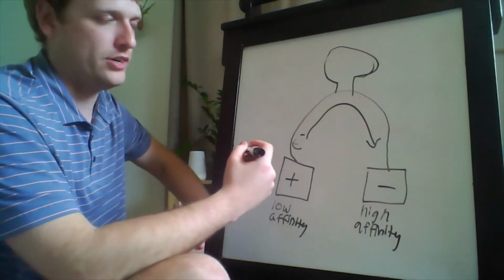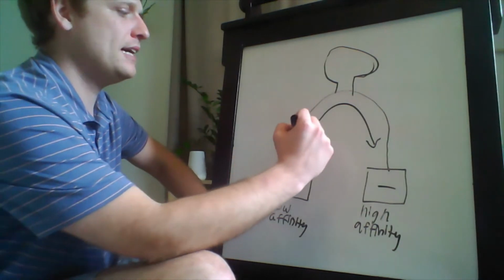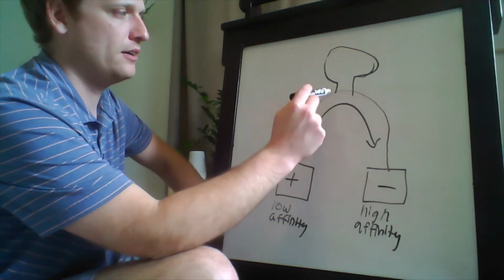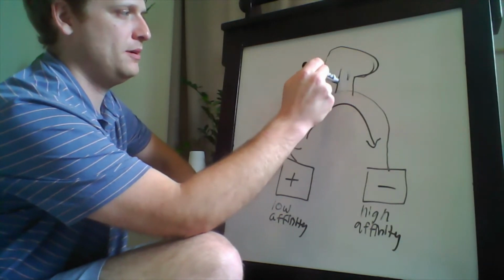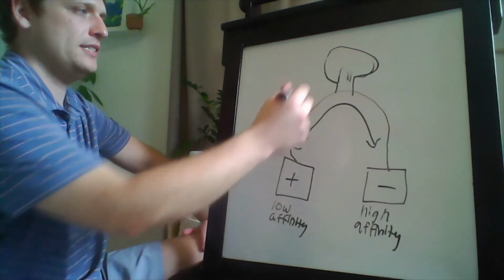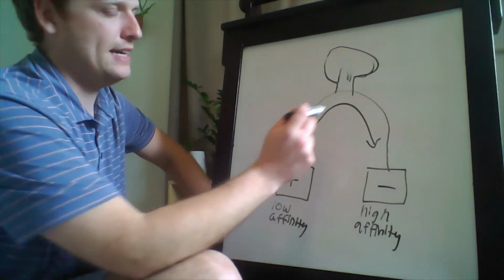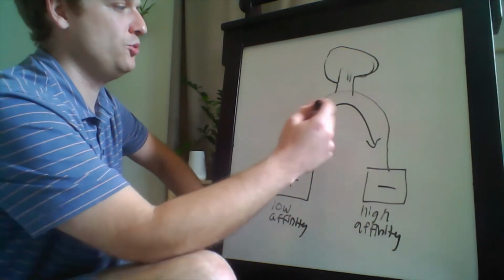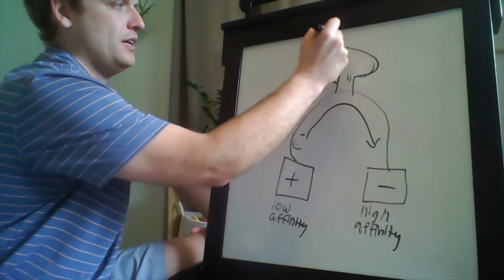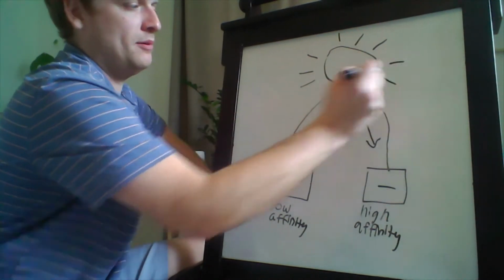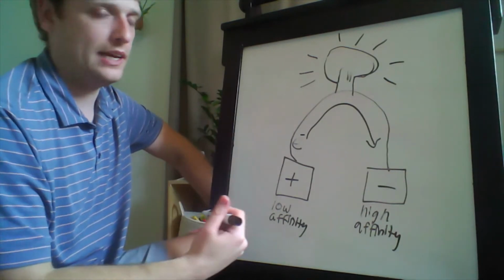In this illustration, it'll be a light bulb. As that electron flows through this wire, it's going to be diverted through the filaments in this light bulb, and it's going to give off energy as it does. It's going to be able to do work as those electrons flow through. In the case of a light bulb, it's going to use that energy to produce light.